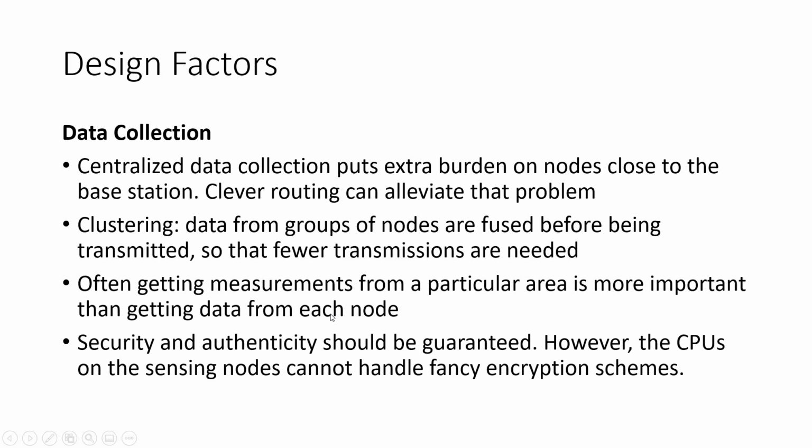Often getting measurements from a particular area is more important than getting data from each node. For example, if you deploy many nodes in a volcano, you do not need the temperature of every specific point of the volcano, right? What you need is an overall temperature reading.